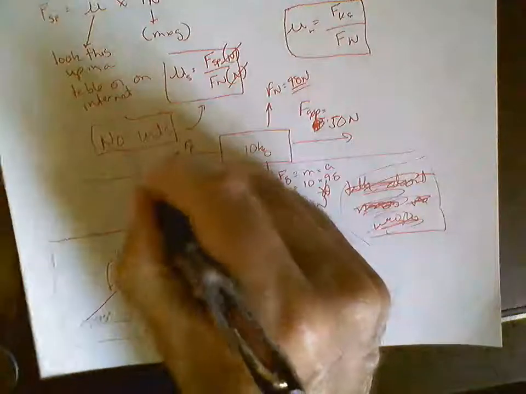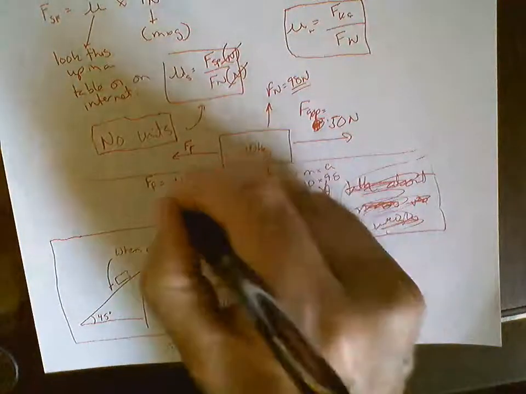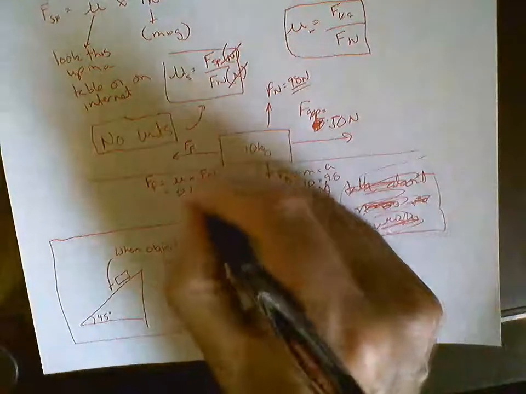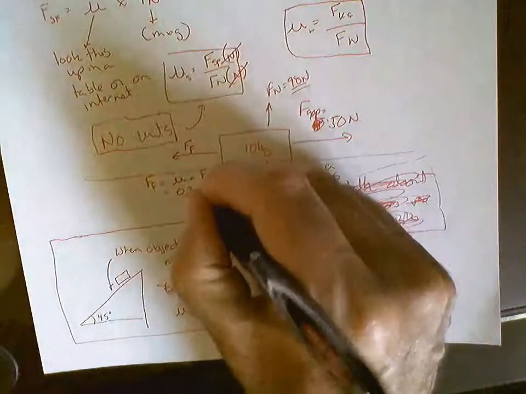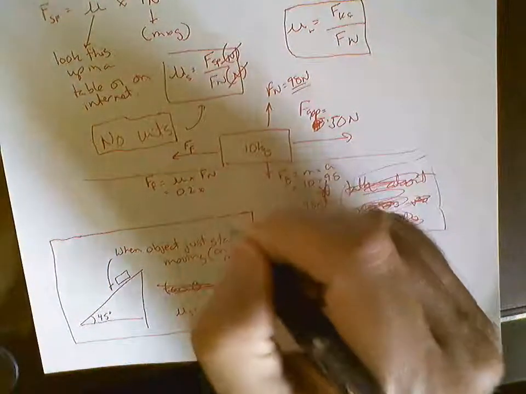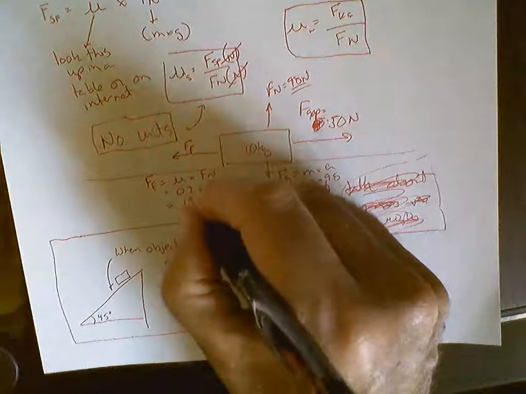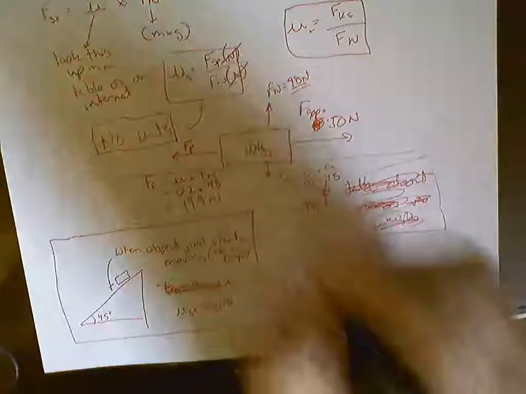The force of friction would be equal to mu times that normal force, which is 98. Let's say in this case, the mu value is 0.2. I just made that up. I could have looked up what these materials were, and I could have looked up this friction. So we're going to have about 19.9 here for our force of friction.